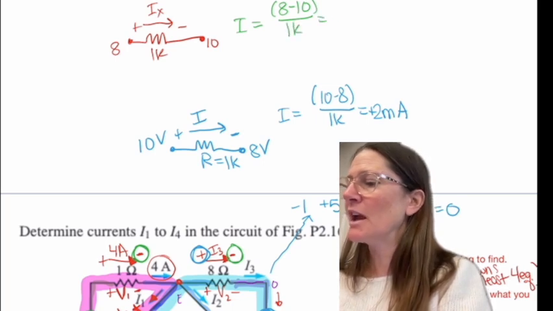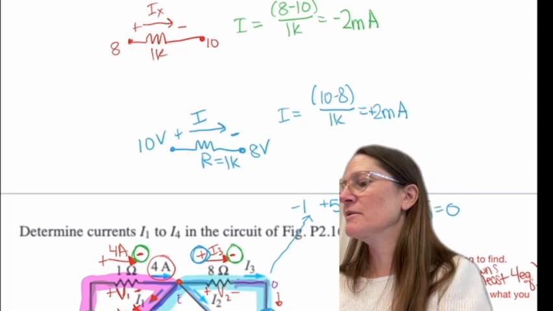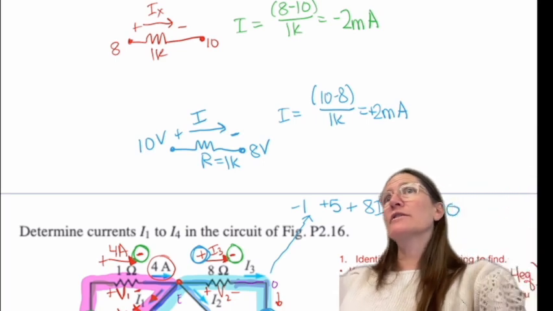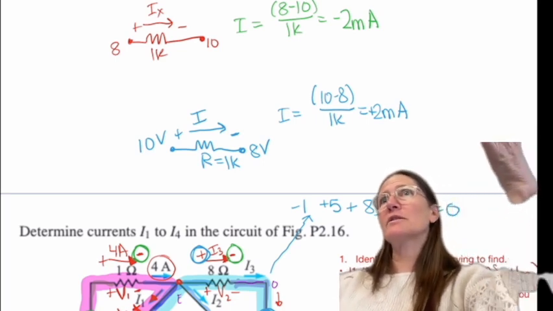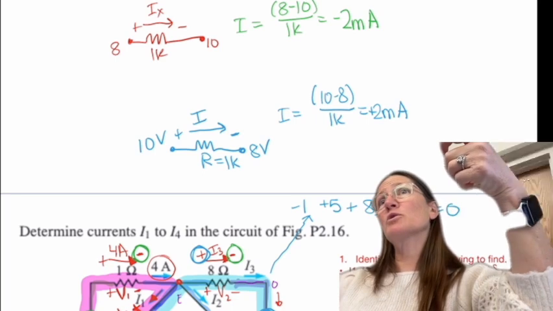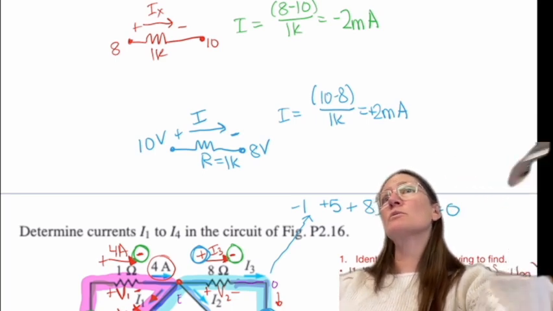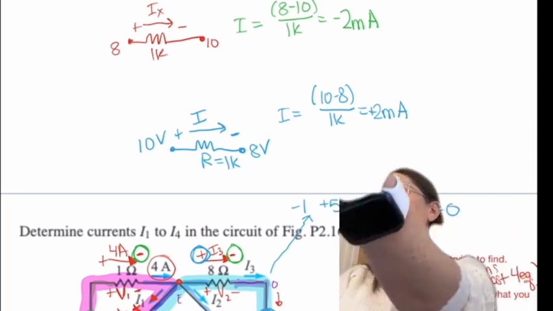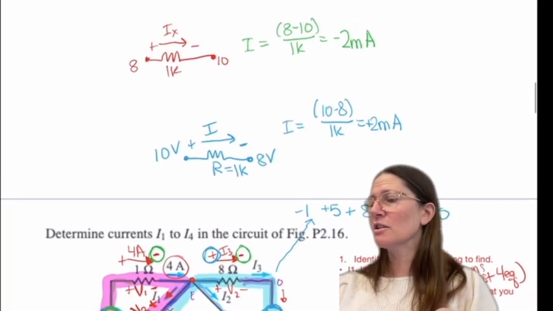And this will be a negative 2 milliamps. So depending on what orientation your voltages are on the sides of the resistors, we'll set those voltages, and that will determine which direction the current is actually going to flow. Does that help clarify that a little bit more?